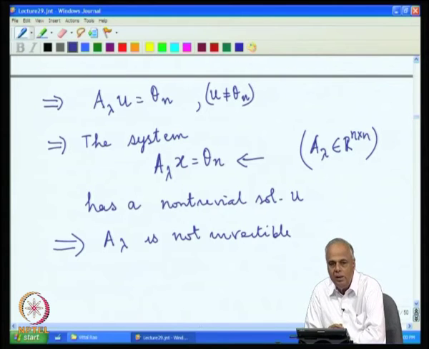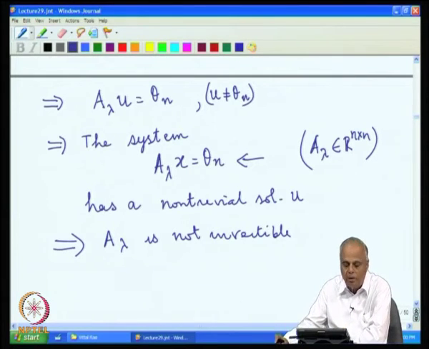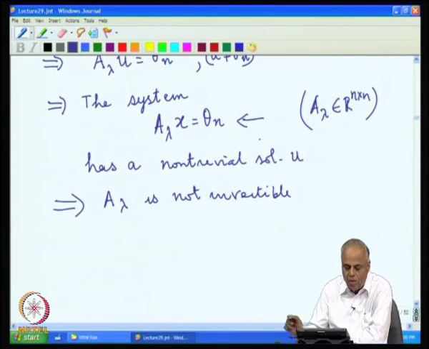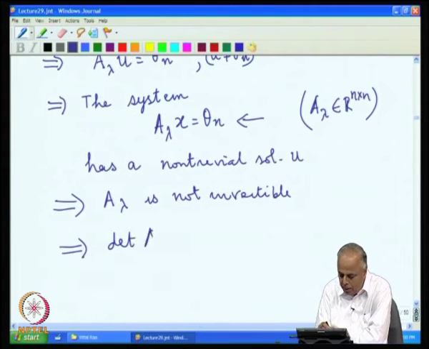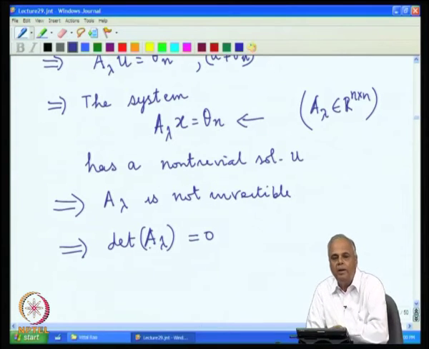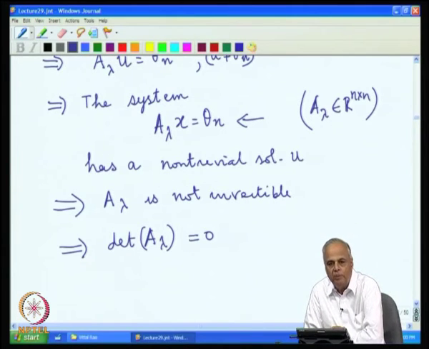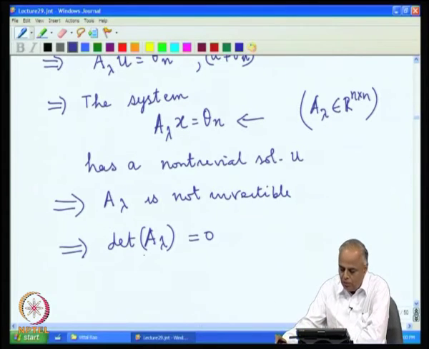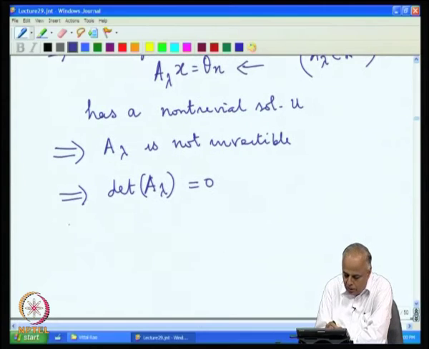Therefore, in order that the system has a non-trivial solution, A lambda must not be invertible. If it is not invertible, that means the determinant of A lambda must be equal to 0, because we know that a matrix is invertible if the determinant is not 0. So, let us write it.